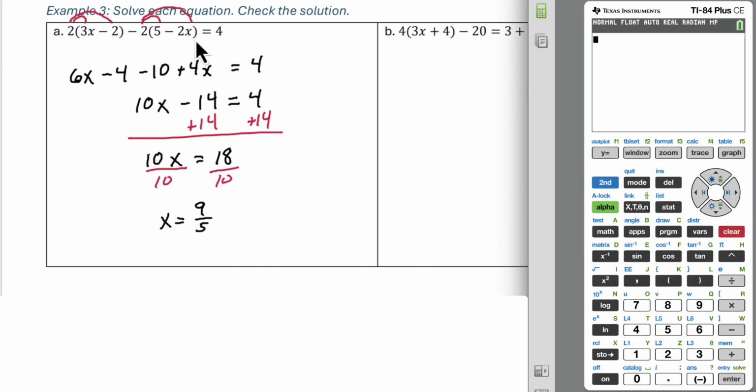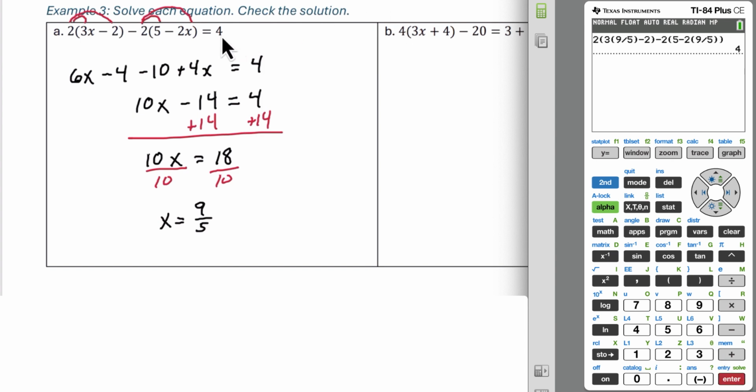Let's copy the left side of the original equation and replace all of the x's with 9/5. 2 times (3, replace x with 9/5, minus 2), close off the parenthesis, minus 2, open parenthesis, 5 minus 2, we'll replace x with 9/5, then we close, and hopefully this gives us 4, and it does.